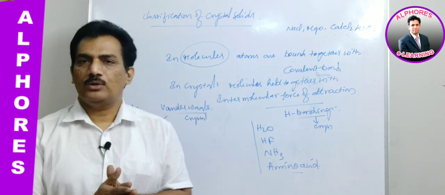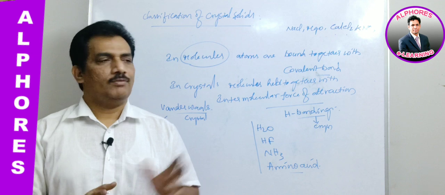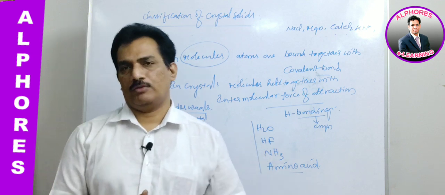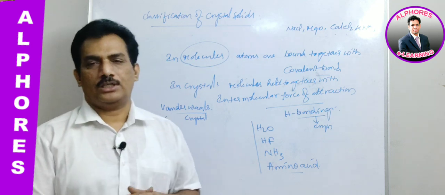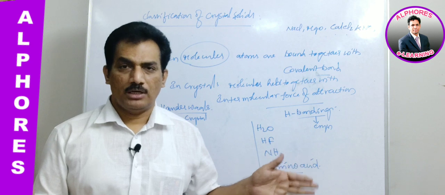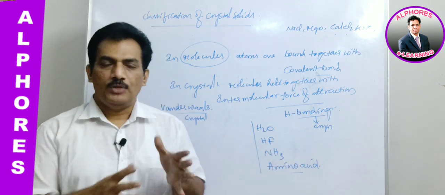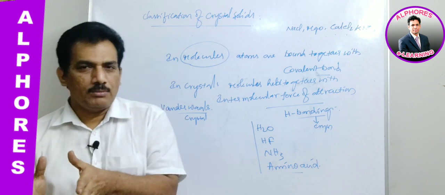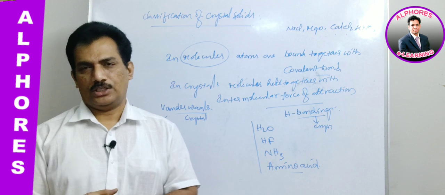They are classified into two types depending on the orientation of the constituent particles. If they are randomly arranged, it is amorphous. If they are arranged in a systematic manner, then it is crystalline. As random arrangement, amorphous does not take any geometrical form, whereas in crystalline solids there is a systematic arrangement that leads to the geometrical form of the crystal.